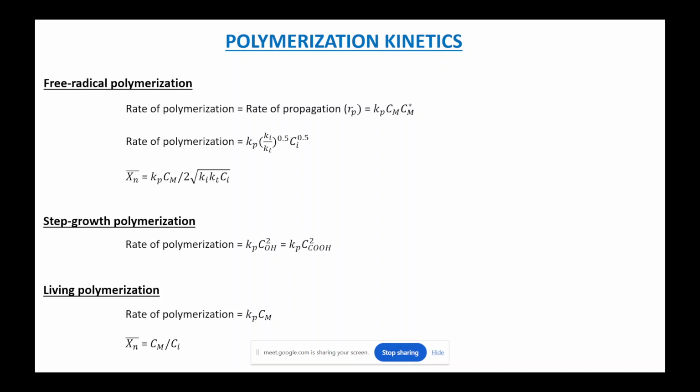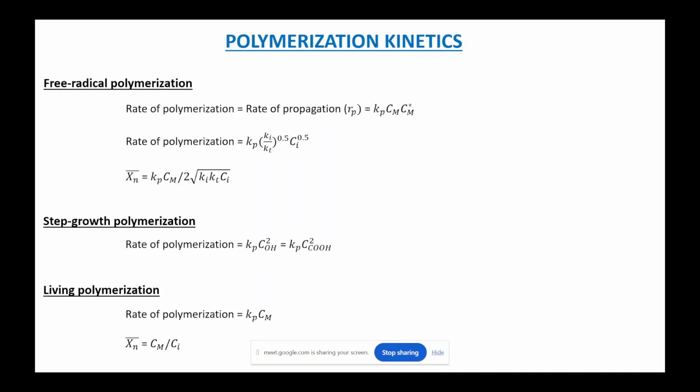Free radical polymerization, as we have seen in the earlier sessions and in the course lecture, typically uses a free radical for the polymerization reaction. You have a monomer, and to that monomer you add an initiator, and that initiator reacts with the monomer to form a monomer free radical.